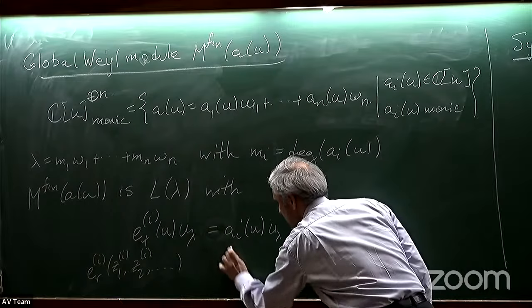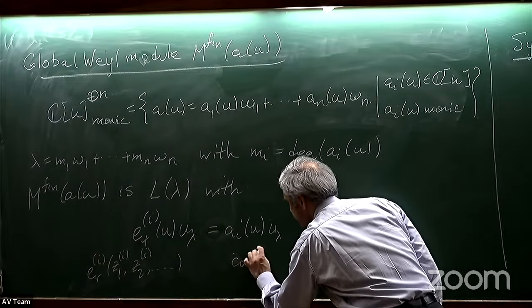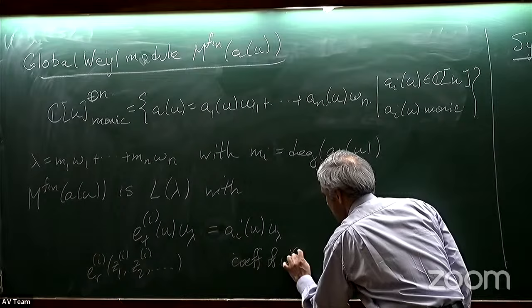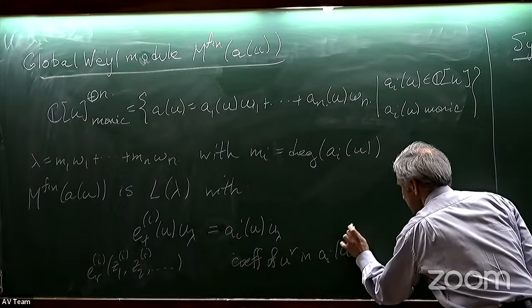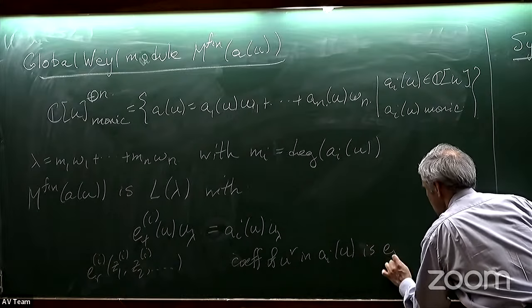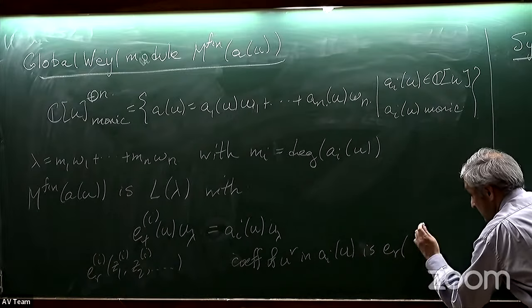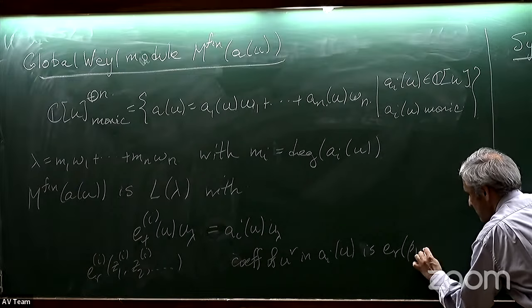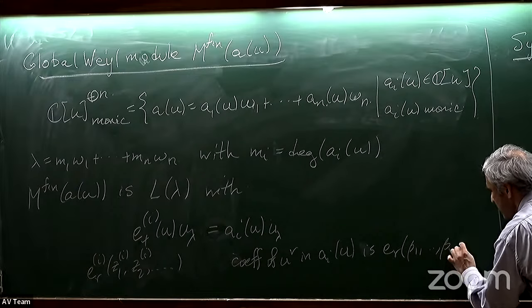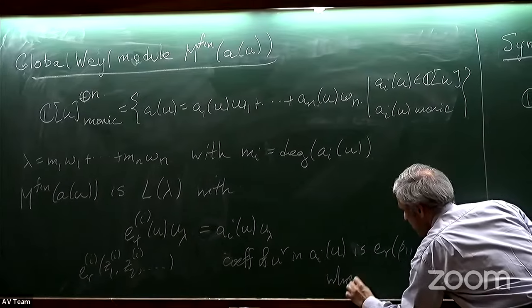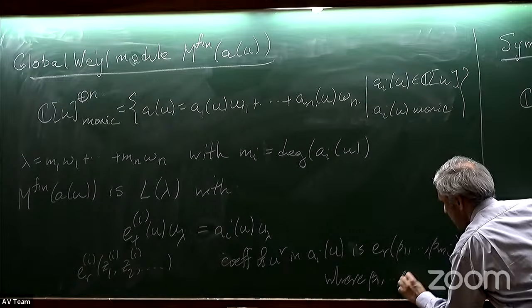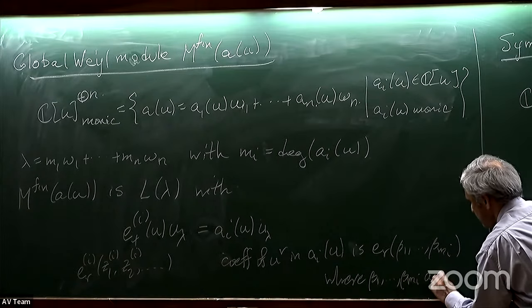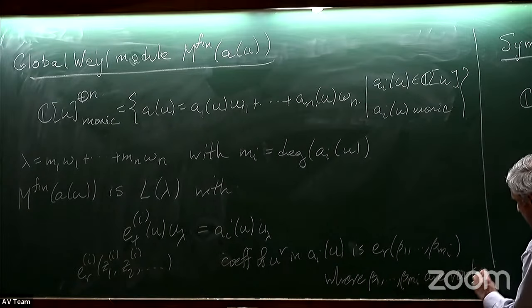The R-th coefficient of U to the R in AI of U is ER of beta 1 up to beta mi, where beta 1 up to beta mi are the roots of this ith Drinfeld polynomial.